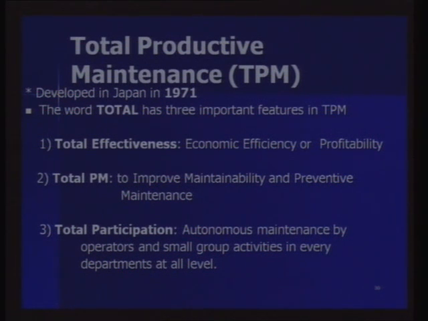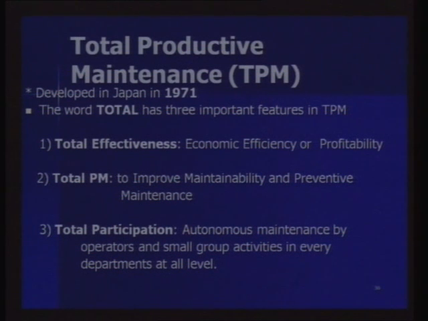And then comes total productive maintenance. It was developed in Japan in 1971. The word total has three important features in TPM. First is total effectiveness, which we call economic efficiency or profitability. Second, total PM, that is to improve maintainability and preventive maintenance in totality.